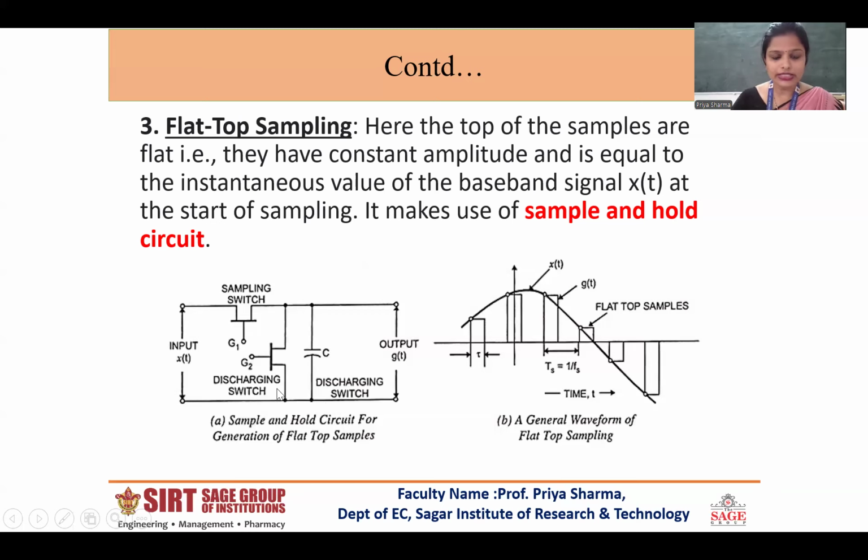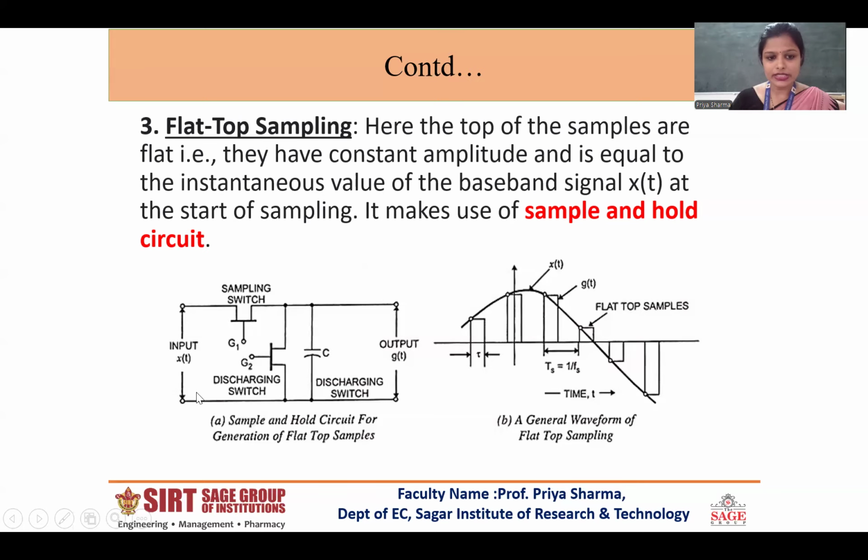Here, let me explain the sample and hold circuit. Input is given to two switches and a capacitor is joined in parallel with the discharging switch. So when the input is applied, this switch charges to its maximum value, like it charges till this point. Then this switch is open. Then it discharges through the capacitor. This is the discharging point. That's why it is called hold.